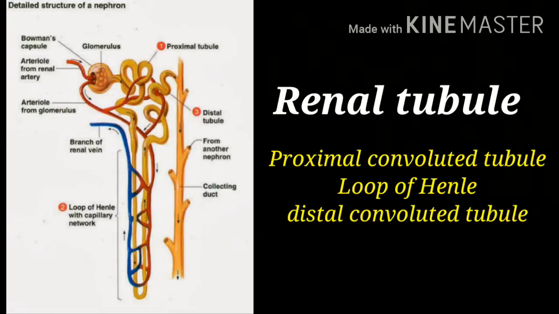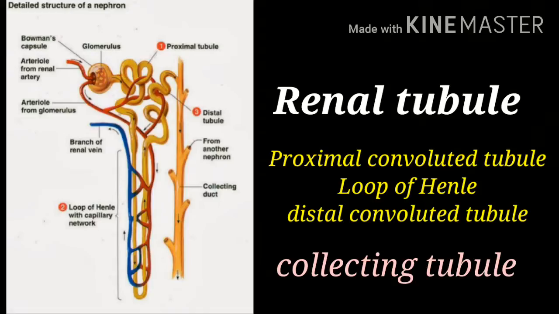The renal tubule consists of three regions. What are they? They are the proximal convoluted tubule, the U-shaped loop of Henle, and the distal convoluted tubule. The distal convoluted tubule opens into the collecting tubule.